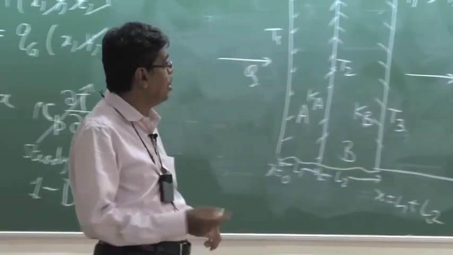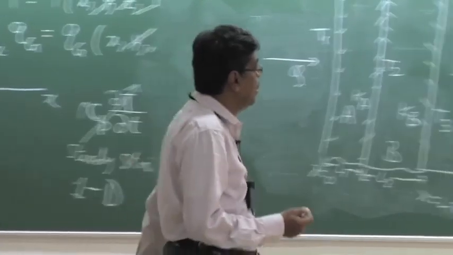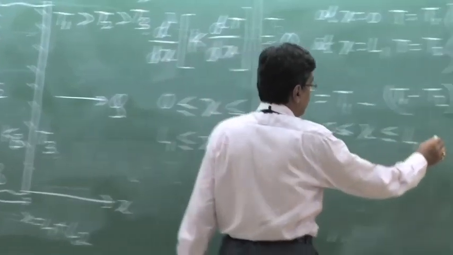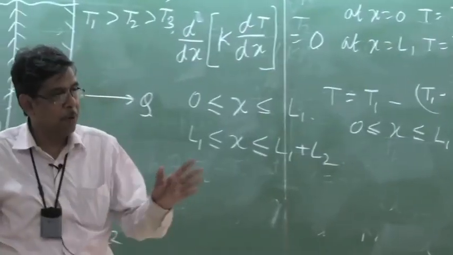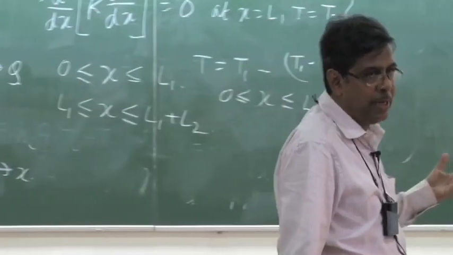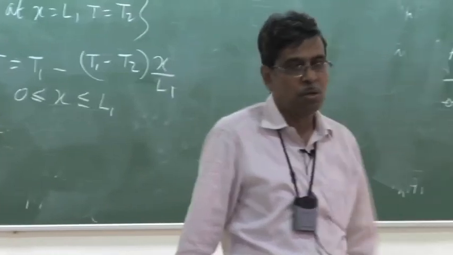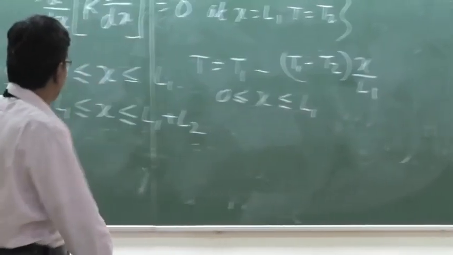So at x equal to 0 it gives T1, and at x equal to L1 it gives T2. Clear? Any problem? Please tell me. If I make any inadvertent mistake while doing so, please immediately detect it and tell me, sir.